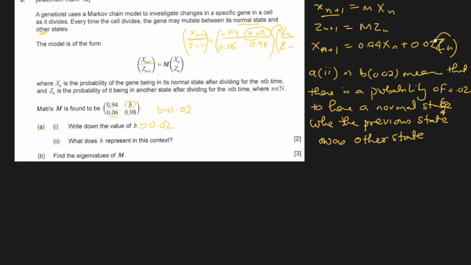So previous one was other state. If we multiply 0.02, it's possible that we'll get the next state as normal. That's what it means. Okay.